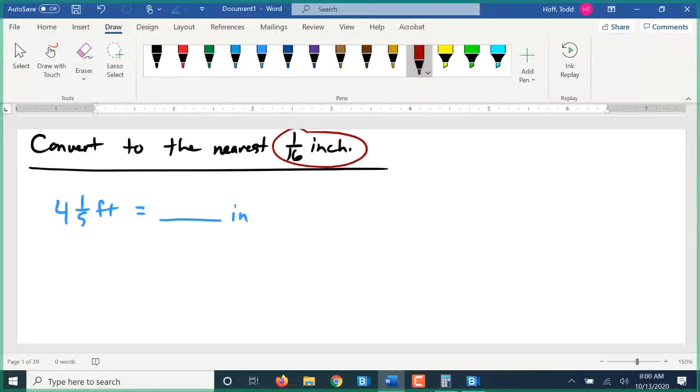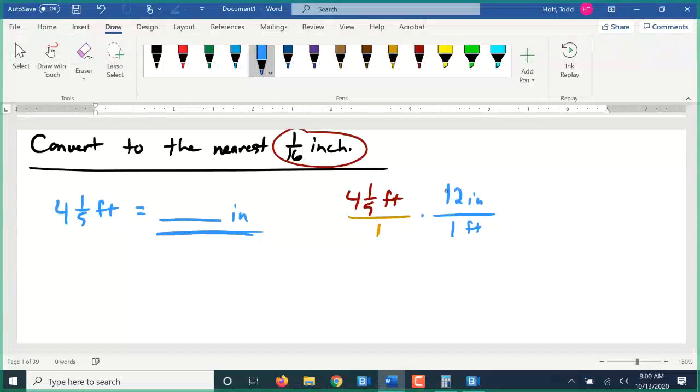So I have 4 1/5 feet. First thing I'm going to want to do is I could change it into decimal feet if I wanted to, but it really doesn't make a difference. We'll put it over 1, and we're going to convert it into inches because we're asking for our answer all in inches here. So 1 foot is 12 inches.